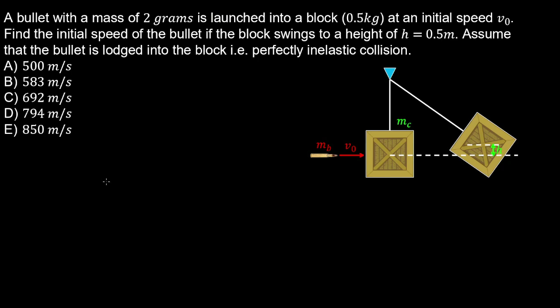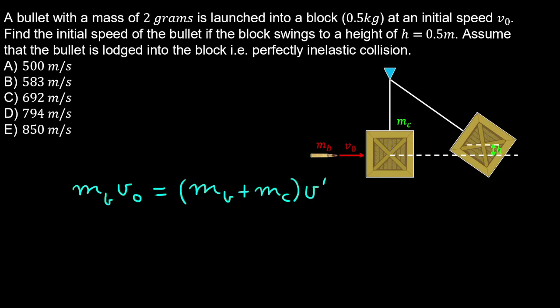So applying the conservation of momentum, we have the mass of the bullet by the initial velocity is equal to the final momentum when the bullet's lodged into the block. So we have the mass of the bullet plus the mass of the block or crate multiplied by the final velocity of the system.